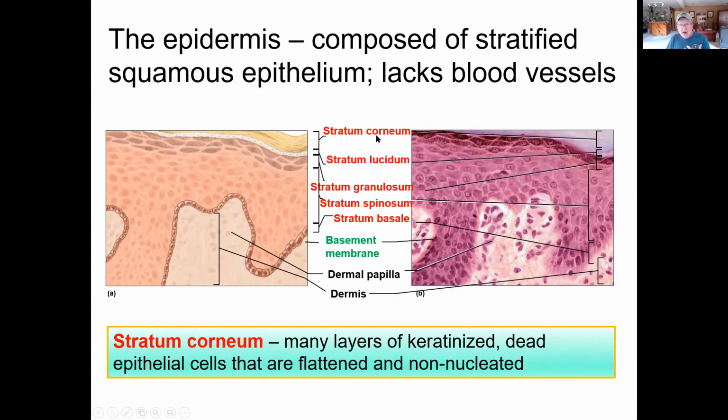This is that characteristic stratified squamous that we would have recognized probably in the slide we looked at last week in lab. But by the time the cells get to this layer, they're fully keratinized and they're dead. So these cells are dead, and these are the ones that get sloughed off all the time. But remember, they're getting replaced thanks to the cell division going on in the stratum basale layer.